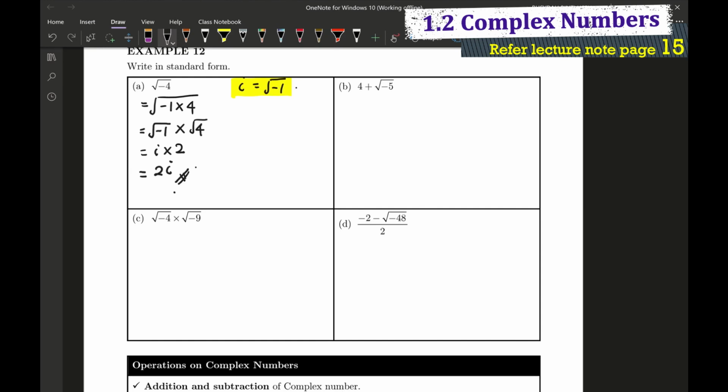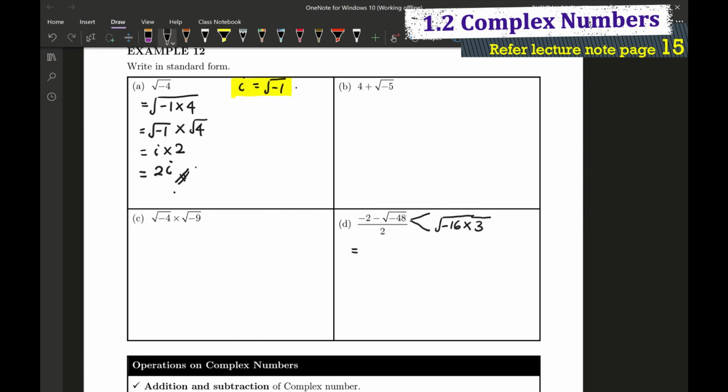So again, here, square root of negative 48, we can break up to square root of negative 16 multiplied by 3.